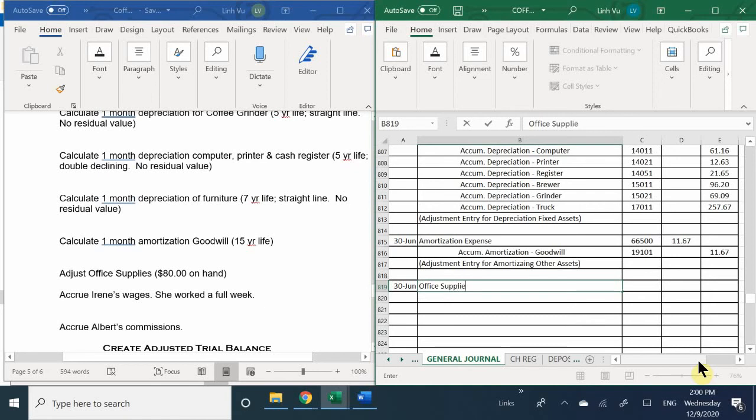That is number 60750. And then under office supplies, well, we have nothing, it's just office supplies.